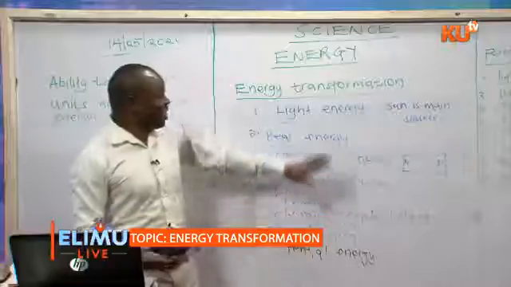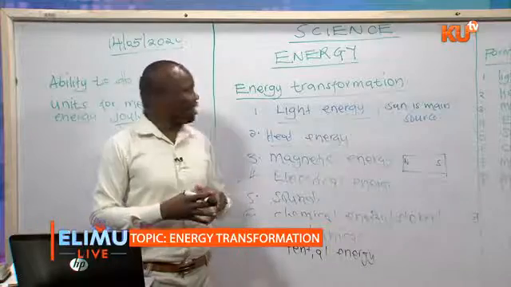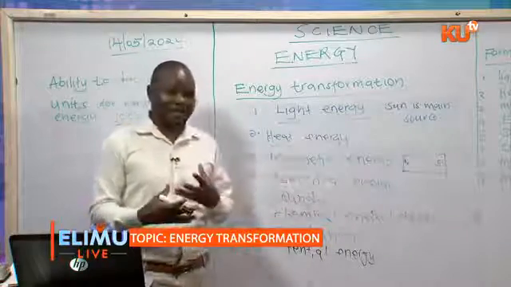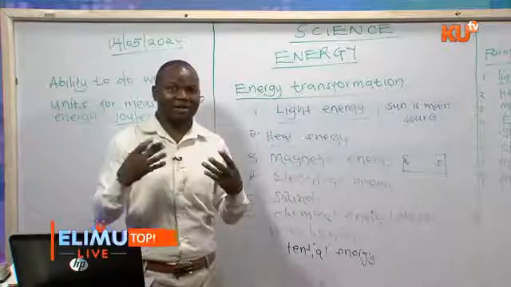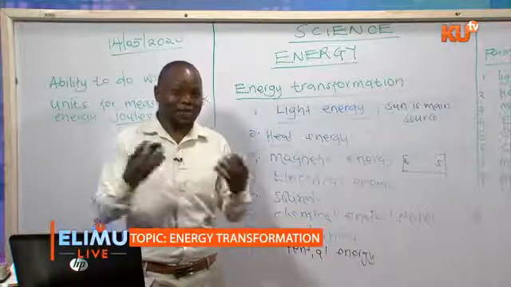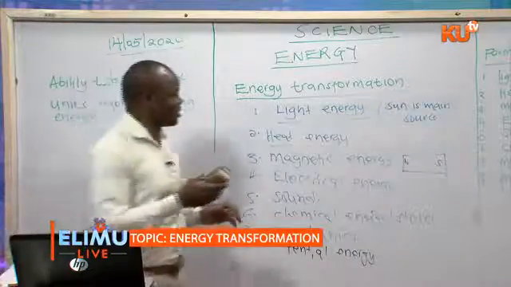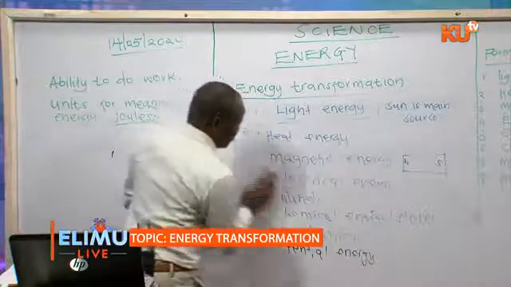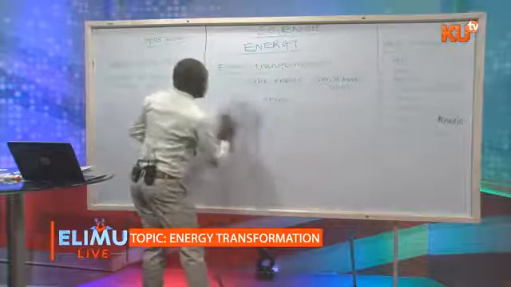Now you have understood the forms of energy, and you can define in short what these forms of energy are, how they are going to be used, and where they originate from. Now I want to take you through examples of energy transformation.